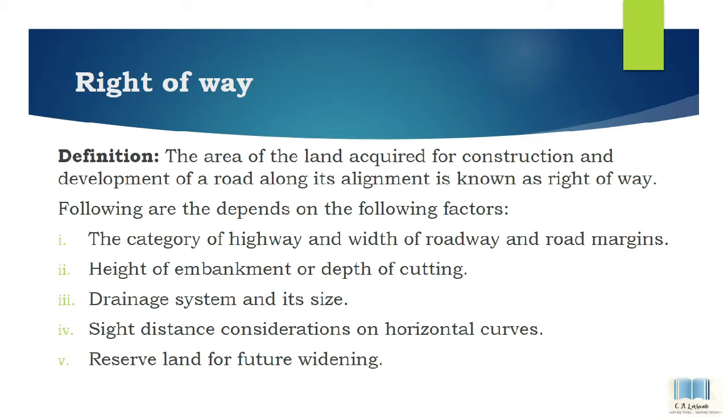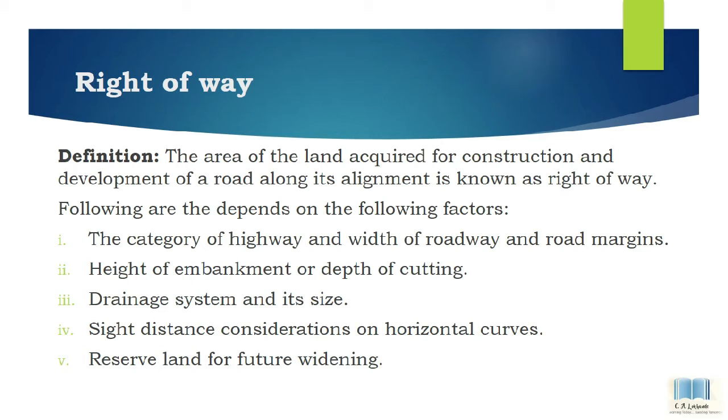Okay, so now we see the various factors, or the following are some points on which the right of way depends. So the first factor is the category of highway and width of roadway and road margins.